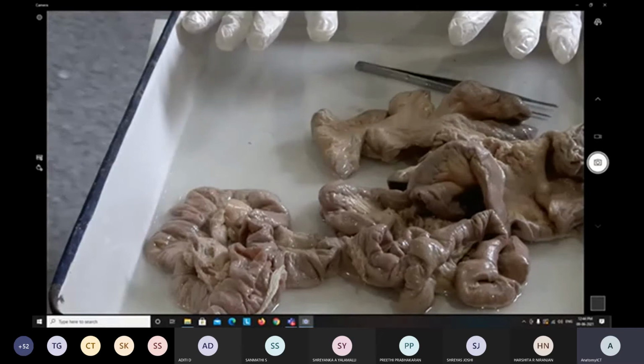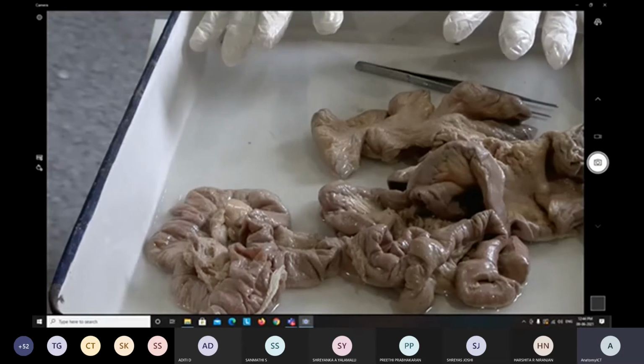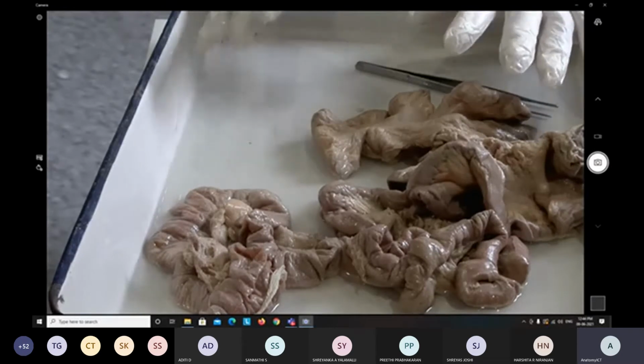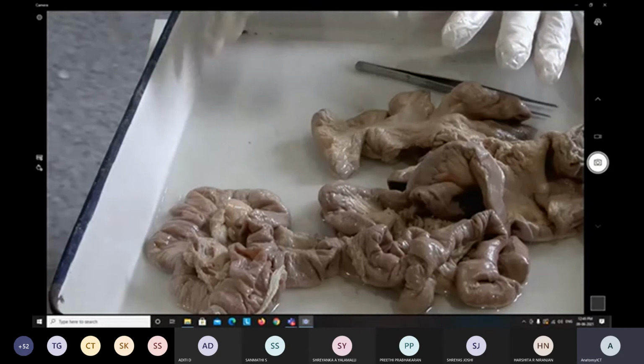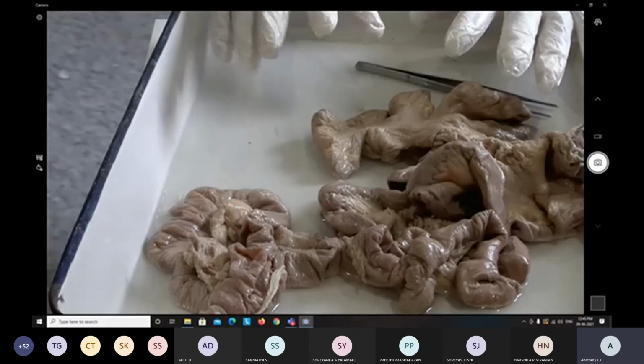Simple it is. Please study the small intestine, majorly the duodenum, which has four parts: first, second, third, and fourth.